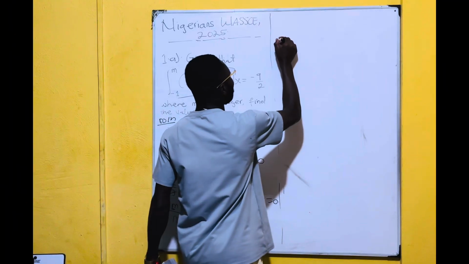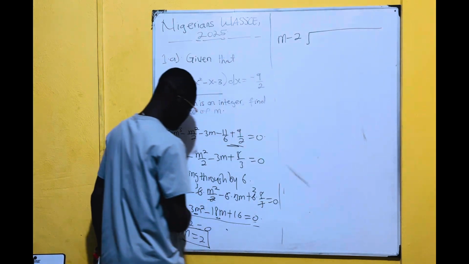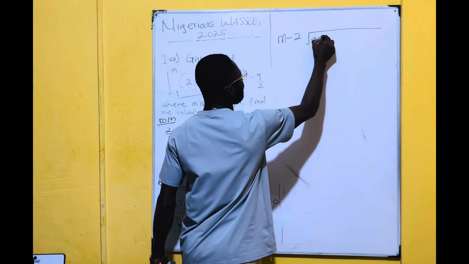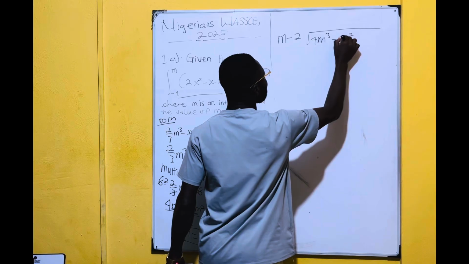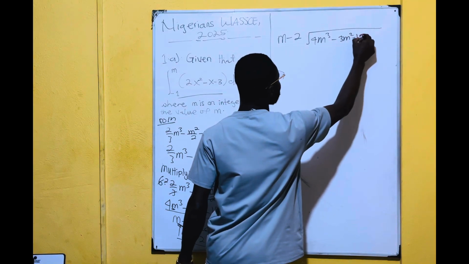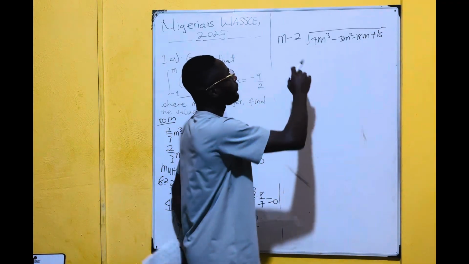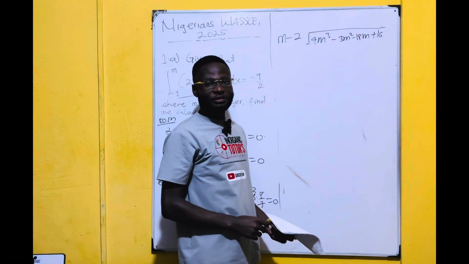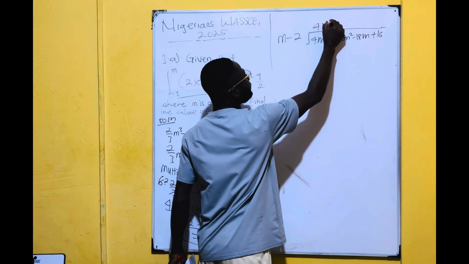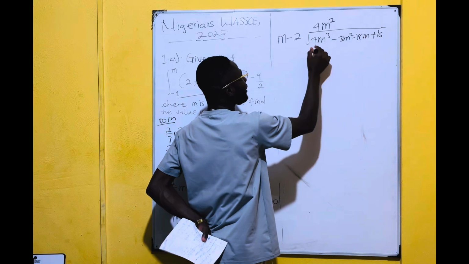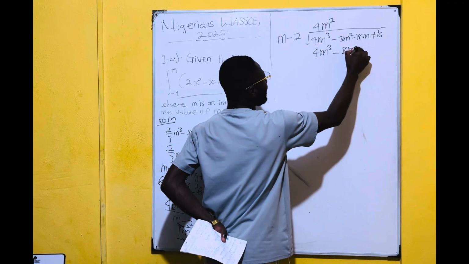Okay, so the long division m minus 2, then we put the expression inside, minus 18m plus 16, right? So now, normal long division, right? So this will divide this, then we have 4m squared. This times this will give us 4m cubed. This times this will give us minus 8m squared.